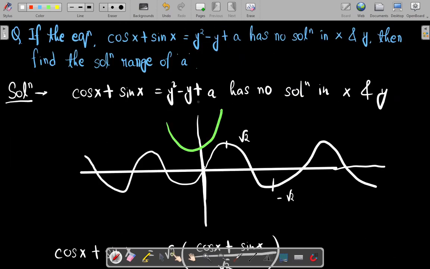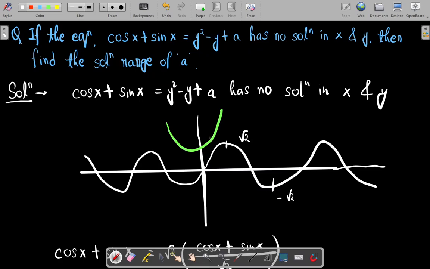Now since these curves do not intersect, this implies that the greatest value for cos x plus sin x must be smaller than the least value in the quadratic curve, right? Only in that case will the curves not intersect, which will imply that there is no solution. If the curves intersect, this implies that there is a solution, right?